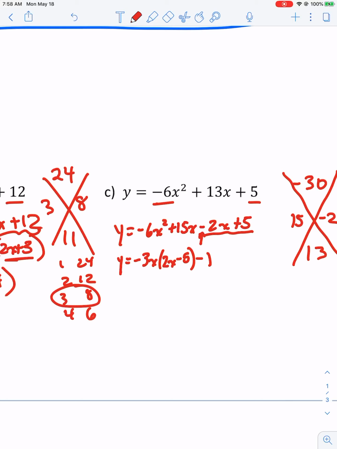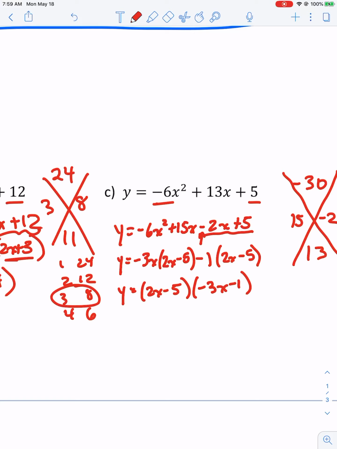Again, if the leading number is a negative that you're trying to common factor, then common factor out the negative. And that'll leave us with 2x minus 5, because when you divide positive 5 by negative 1, that gives you a minus 5. And so then we have 2x minus 5 and minus 3x minus 1.